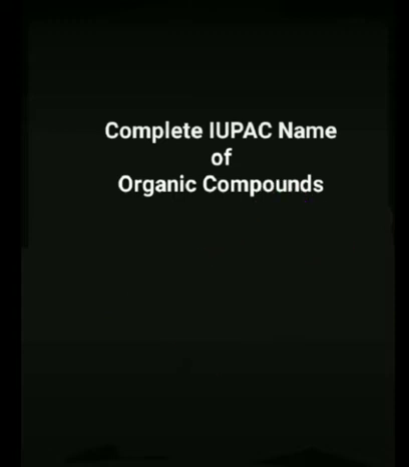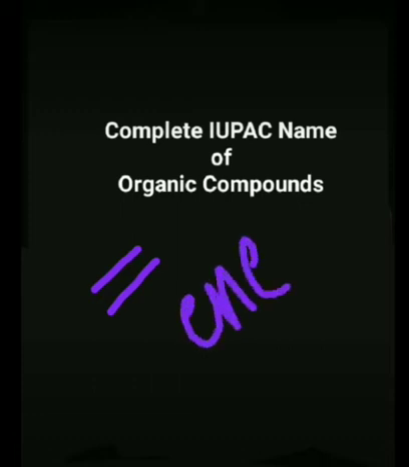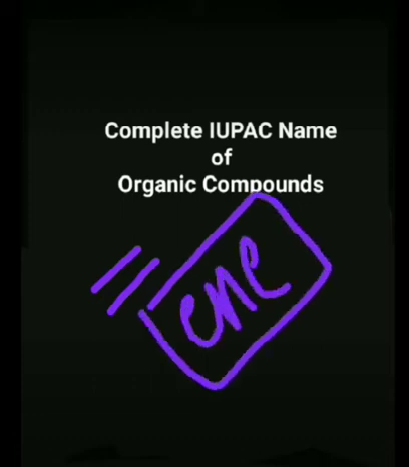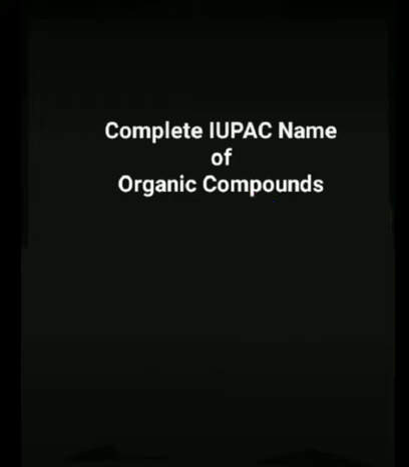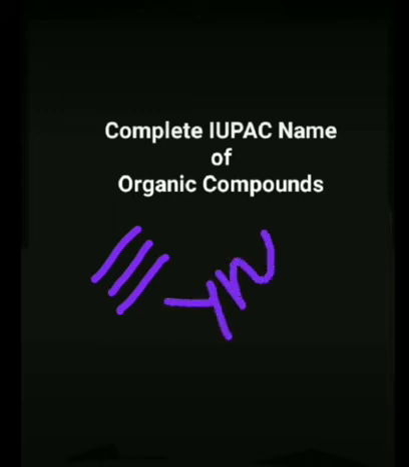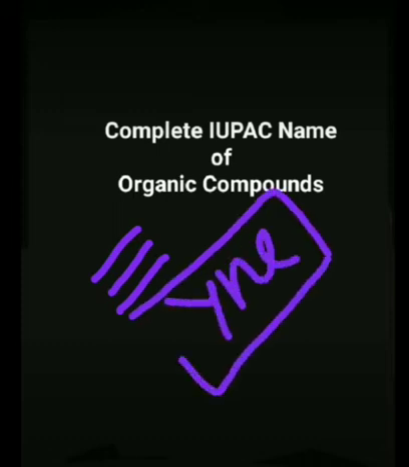Then, students, if there is a double bond in the carbon chain, we name it "ene" after the word root. If there is a triple bond in the carbon chain, we name it "yne" after the word root.